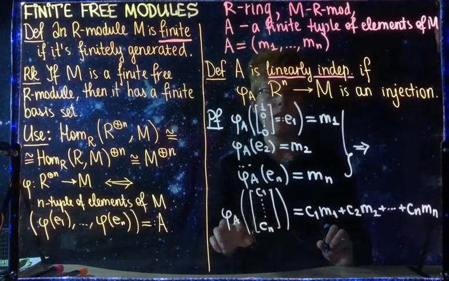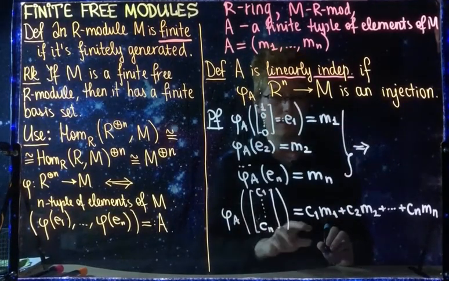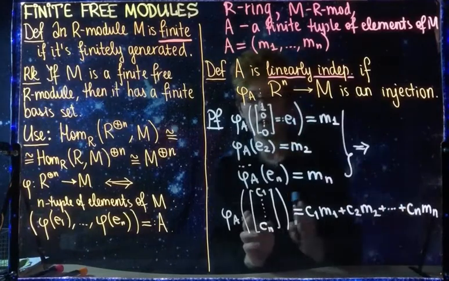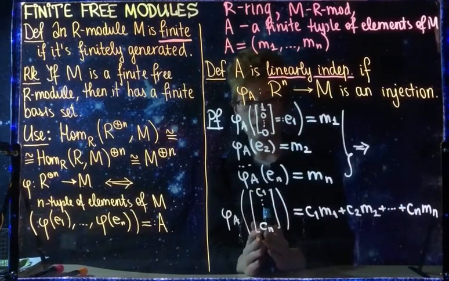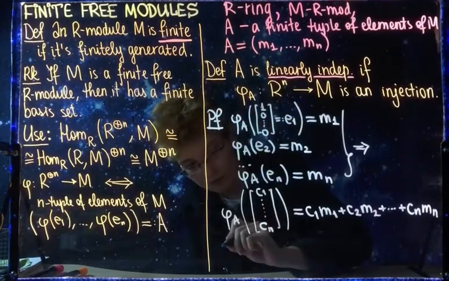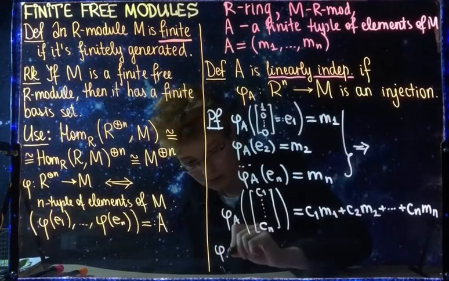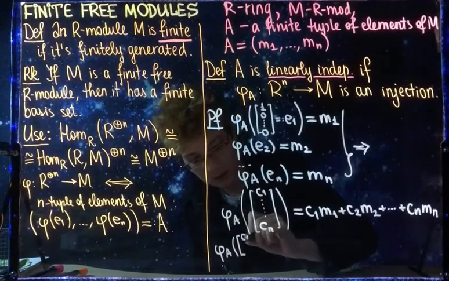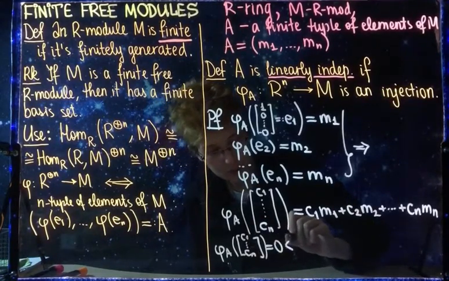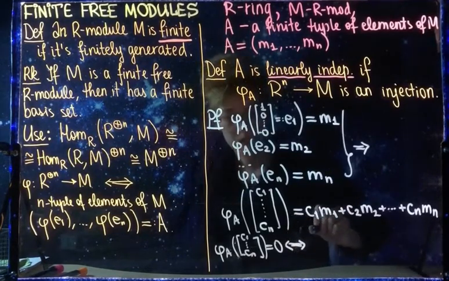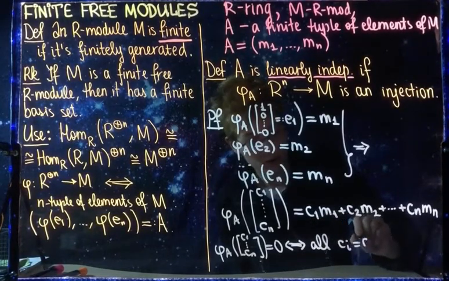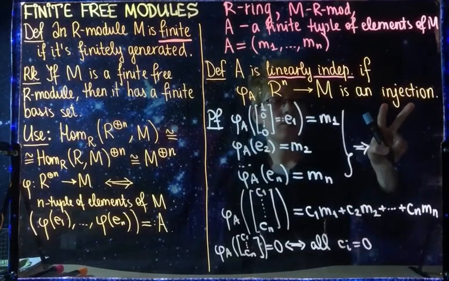And saying that phi A is an injection is the same as saying that the right hand side is equal to 0 precisely when all the coefficients are equal to 0. So phi A of c1 through cn is equal to 0 if and only if all the coefficients are equal to 0 because of injectivity.